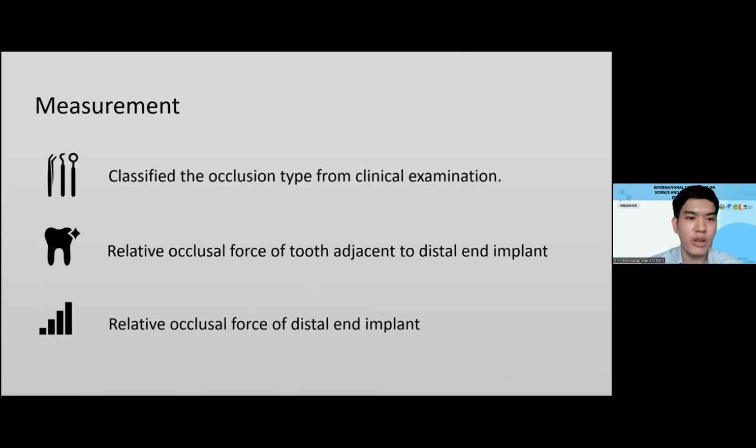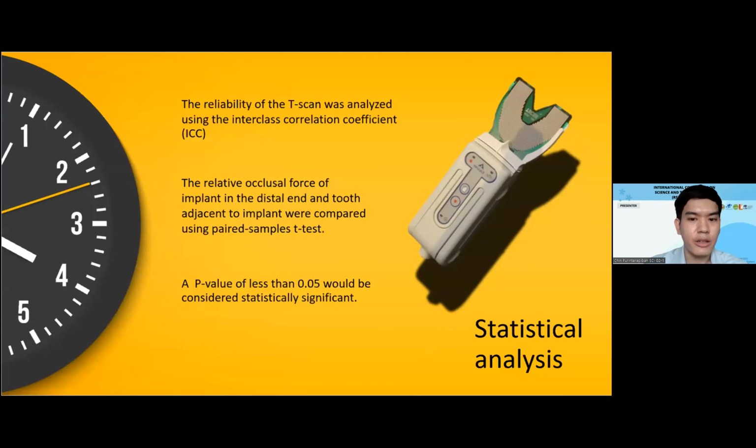For the measurement, we classified the occlusion type from clinical examination, the relative occlusal force of the tooth adjacent to the distal end implant, and the relative occlusal force of the distal end implant. For the statistical analysis, the reliability of the T-scan was analyzed using the interclass correlation coefficient. The relative occlusal force of the implant in the distal end and the tooth adjacent to the implant were compared using a paired sample t-test. A p-value of less than 0.05 was considered statistically significant.